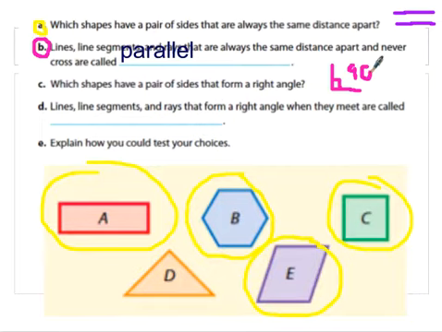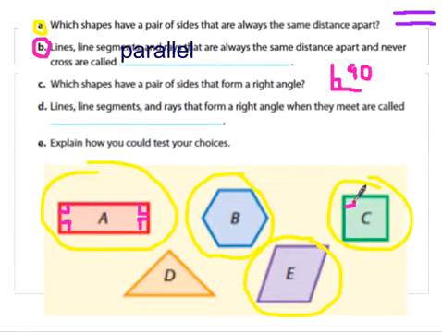So what it's asking is, which shapes have a pair of sides that form a right angle, a 90-degree angle? Well, if you have a post-it note handy, you would be able to put it on the screen and see that this is a right angle, as are the other 4 angles that are created in this rectangle. And we've also talked about the fact that all rectangles and all, what?